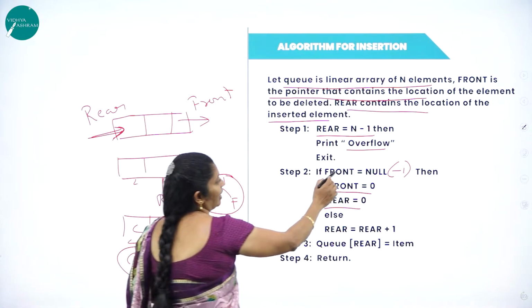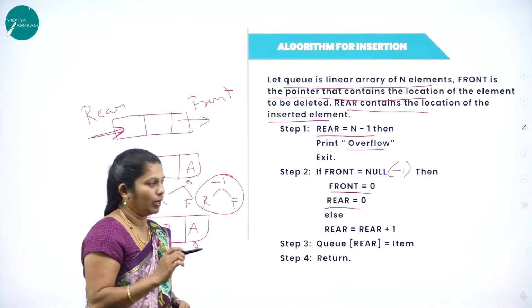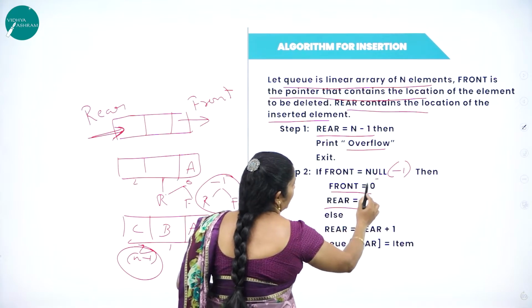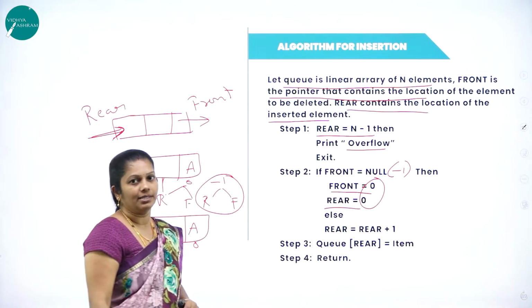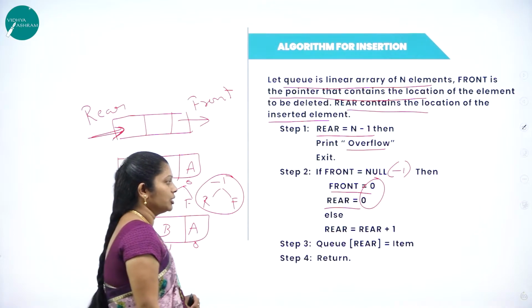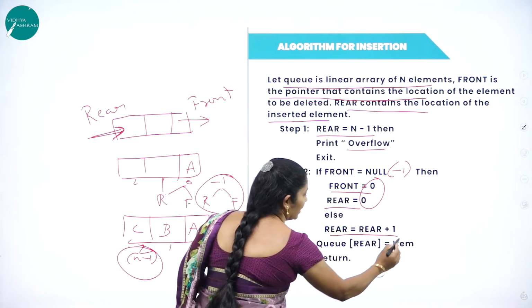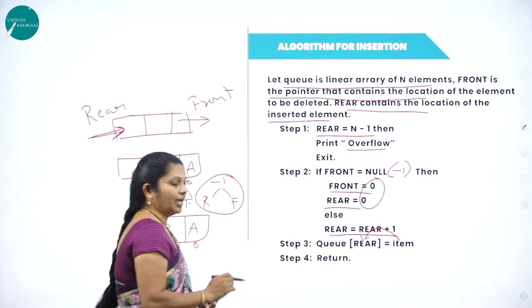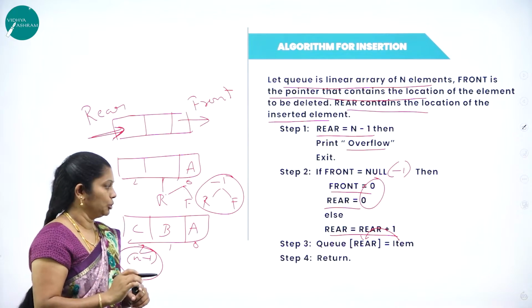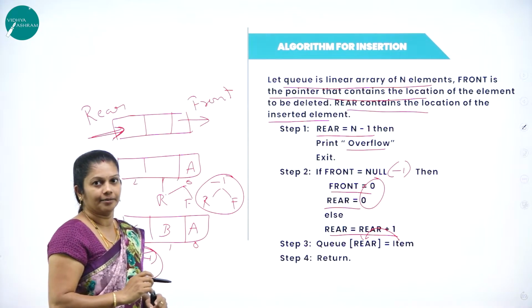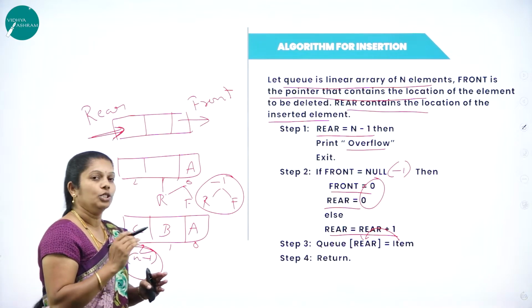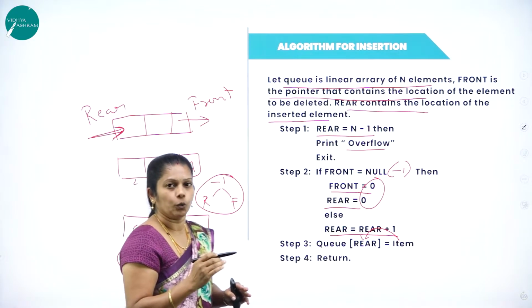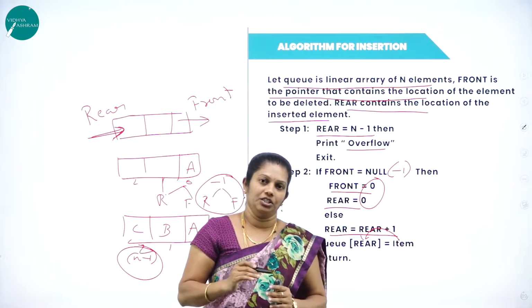Only if it equals minus 1 does front take 0 as well as rear take 0. Otherwise, only the rear will increment. Afterwards, the new item will be inserted at the queue's rear position, then return. This is the algorithm to insert an element in a queue, that is the NQ operation.